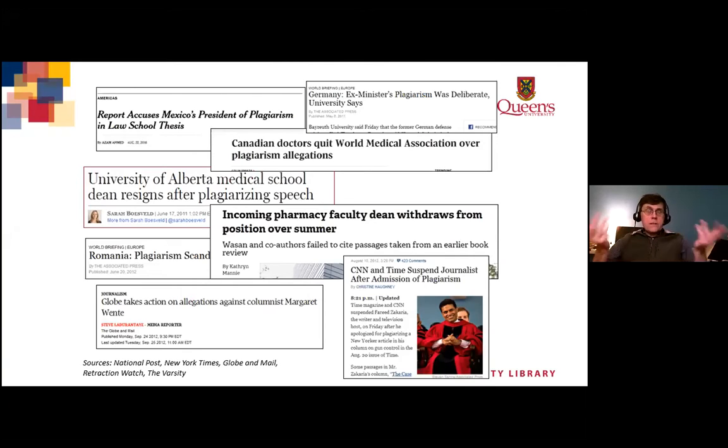Even some very well-known journalists like Margaret Wente and Fareed Zakaria from CNN have been caught plagiarizing. And I think in a lot of these cases of plagiarism, it's not deliberate. I think it's just cases of people who are maybe too busy and taking shortcuts and maybe not managing their sources very well.